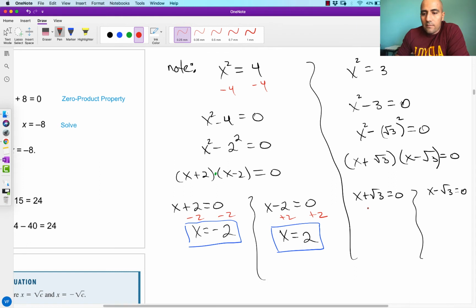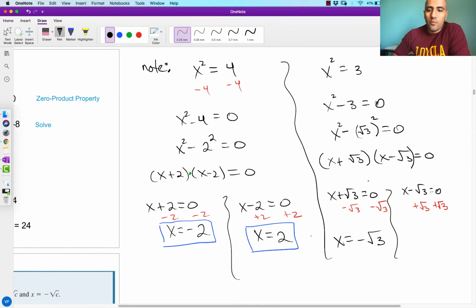We can subtract this root 3 from both sides, and so we get that x equals negative root 3. Or we can add root 3, plus root 3, plus root 3. So we end up with x equals positive root 3.